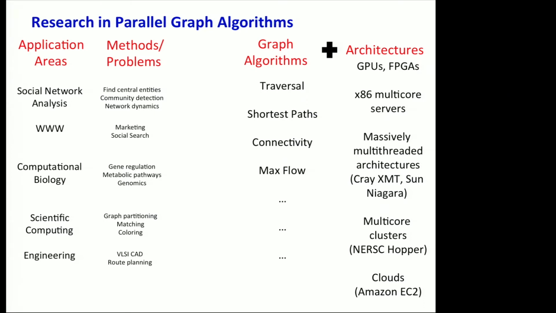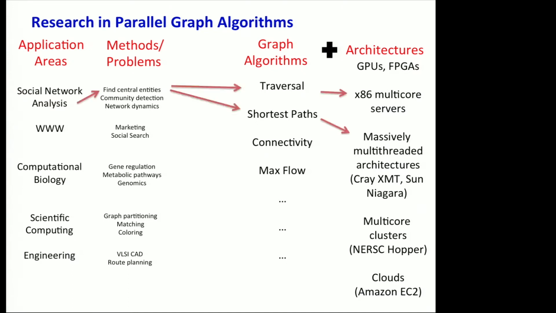Here is a summary slide where the first column is the application areas, and the second column is the kind of graph problems, not algorithms, to solve, such as finding graph partitionings, matching, route planning. The algorithms we use are in the third column, and finally they have to be mapped to parallel architectures.